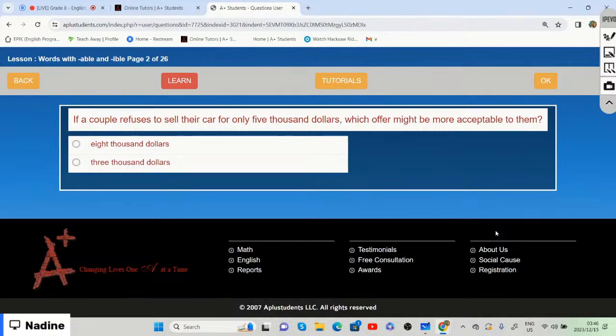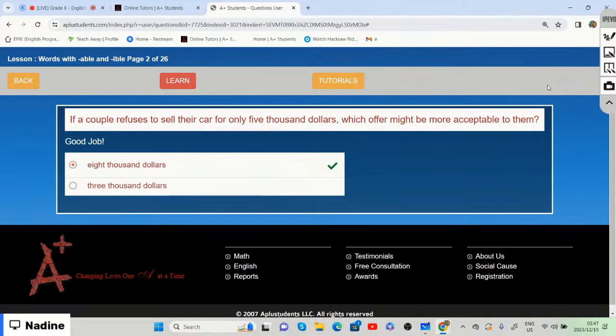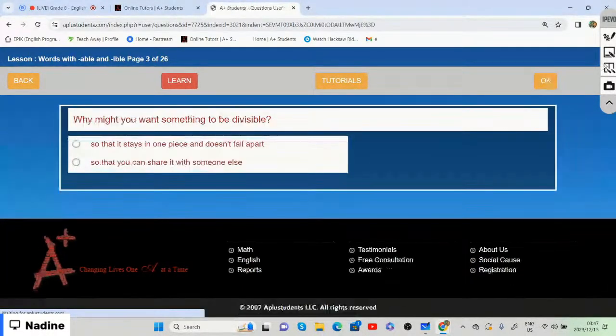An amount that is more acceptable to them would be a higher amount, which is $8,000.